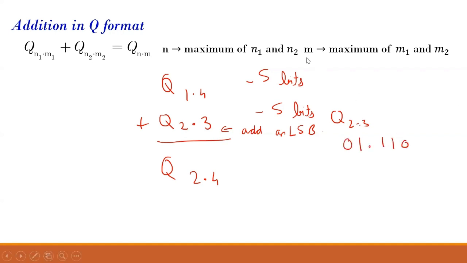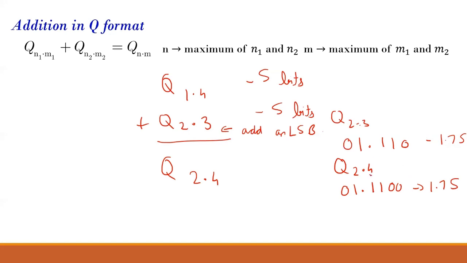This number has a value of 1.75. I want to convert it into Q2.4, so in Q2.4 I will represent it as 01.1100. This also has a value of 1.75. So I am not making any change in the value. I'm just padding it by 0 on the LSB side.